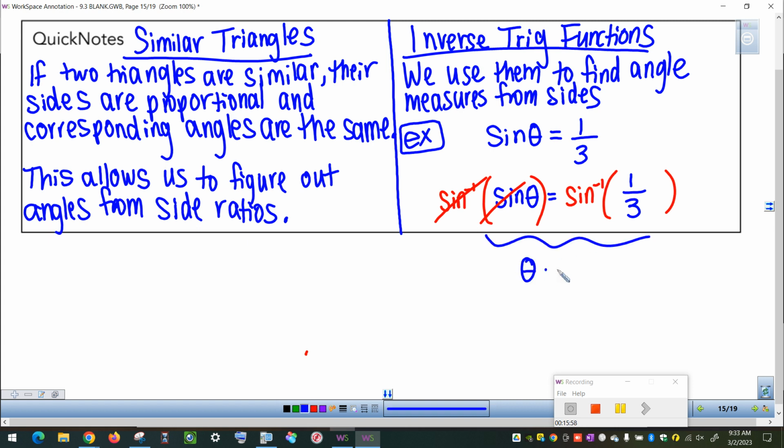So that's how we get this statement here, that our angle theta is simply going to be the sine inverse of whatever that fraction was. In this case, it's 1/3. And just a reminder, the calculator buttons that we're pushing to get sine inverse to show up is we're going to press the second key before we press the sine key.